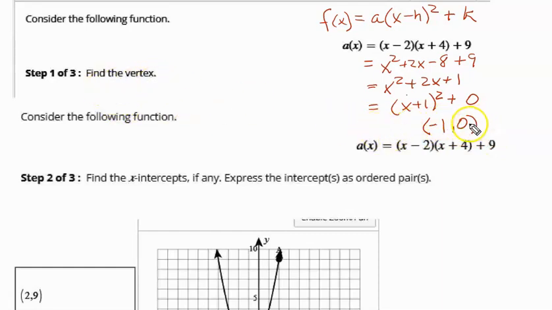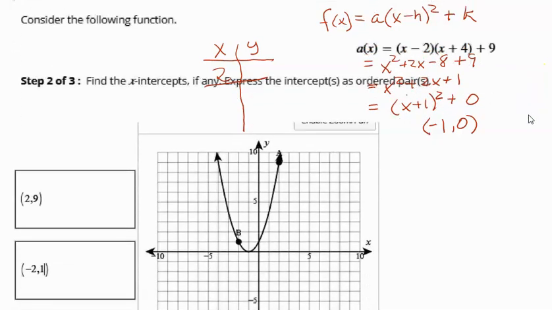Find the vertex. We've done that. Now, they want us to find two other points here. So I'm going to make a little t-chart. And I'm going to use a 2 because I've done this already. And just go up a little bit here. And a negative 2.